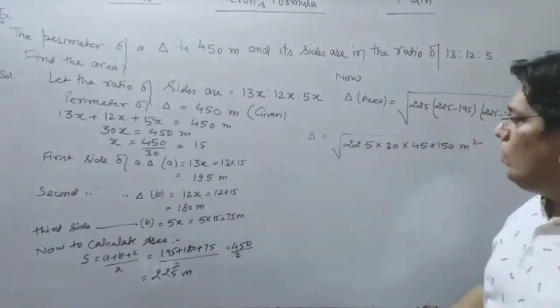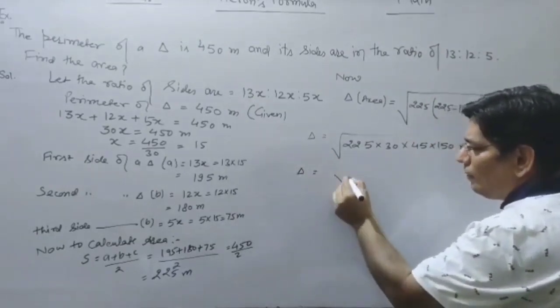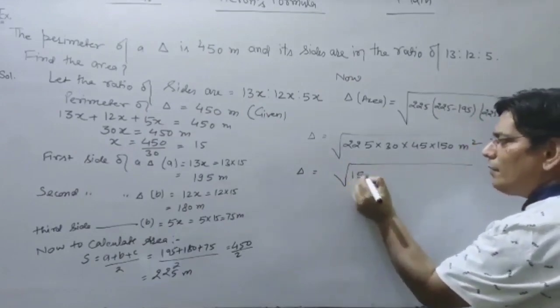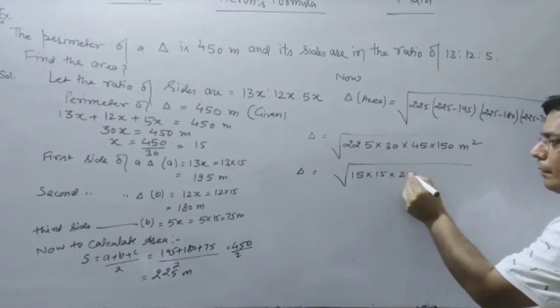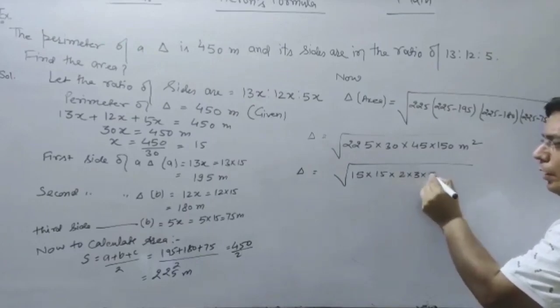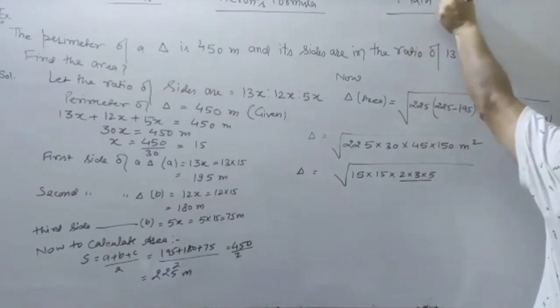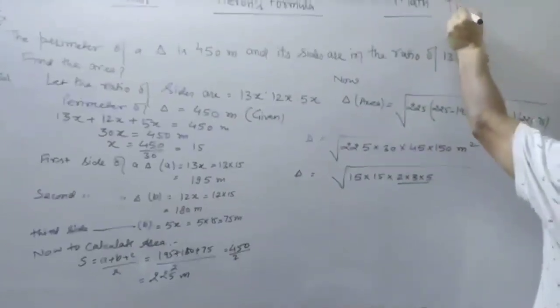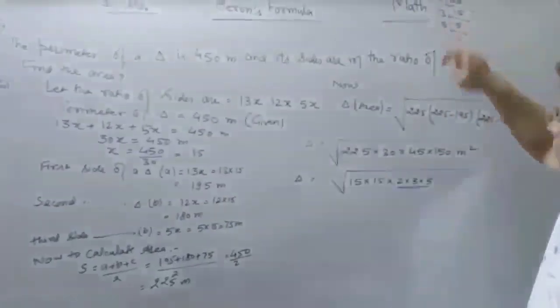Now we should calculate the factors. We know that 225 we can write as 15 into 15. Factor of 30: 2 into 3 into 5. To get the factors of 30, you have to divide by the smallest numbers, and you will get 2 into 3 into 5.